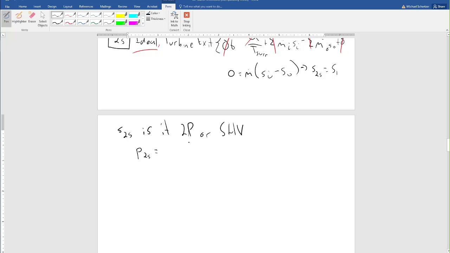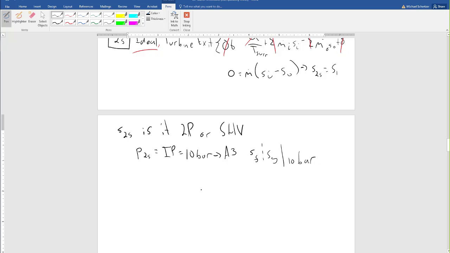That's my intermediate pressure. In this case, this is my intermediate pressure, which is 10 bar. So I go to table A3, and I find what SF and SG are at 10 bar.